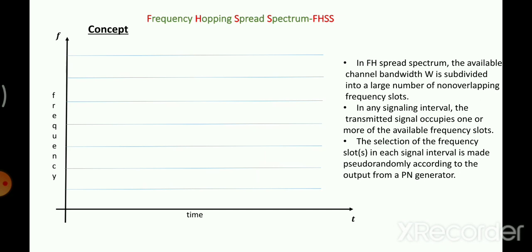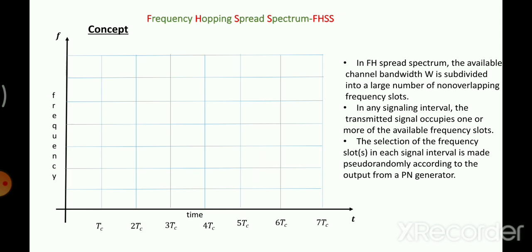This is the time allocated, and every few seconds the frequency will be changing from one frequency to another. It is not the message signal that changes, it is the carrier frequency that keeps on changing. Those intervals are known as the chip interval, TC means chip interval.